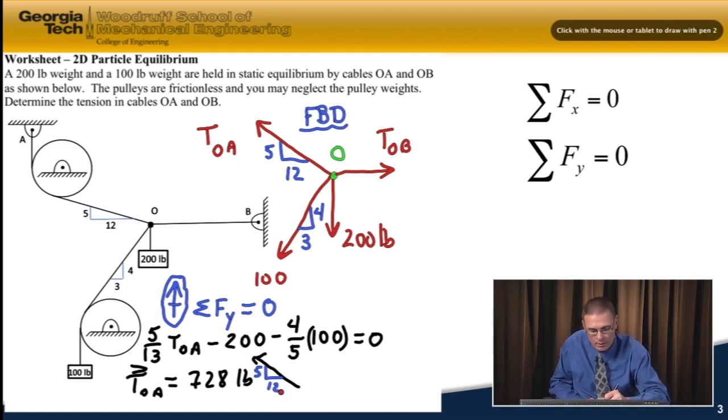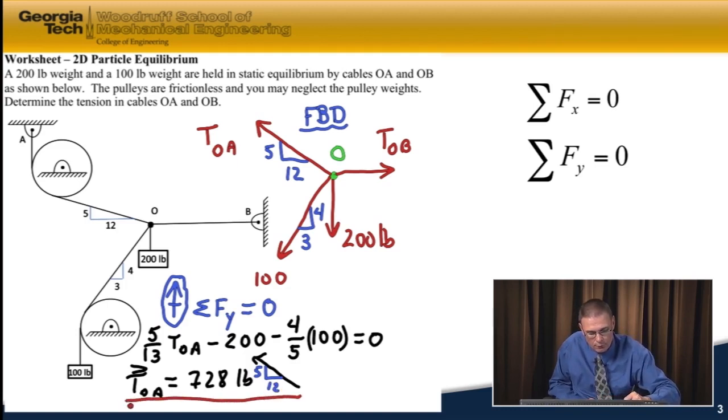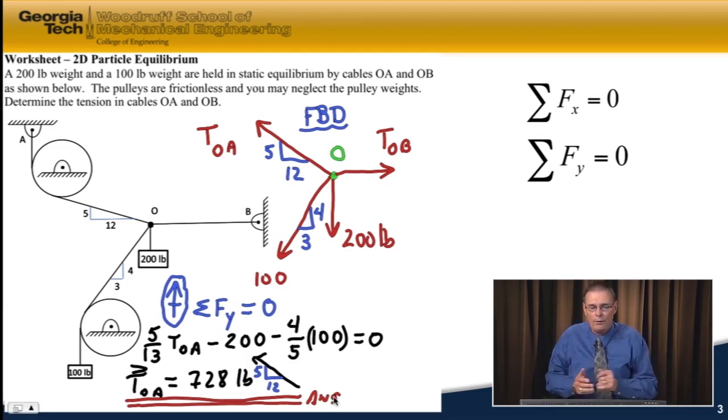And so that's my complete answer for TOA. So I'm halfway there. And you should ask yourself, how can I find now the tension in OB? And what you should determine is, well, I've used the equation for equilibrium in the y direction. Let's try to use that other independent equation to see if we can find TOB.